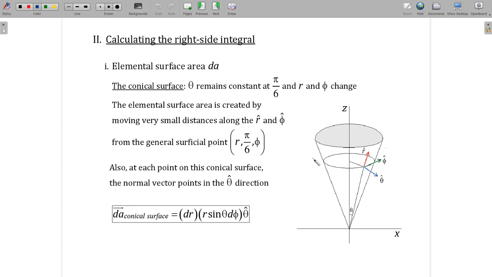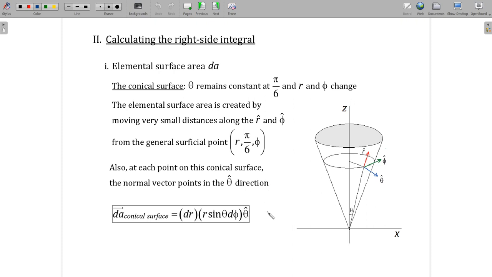So to get the elemental surface area, the infinitely small patch of area on this surface, all I have to do is move a small distance in the r direction and a small distance in the phi direction, because as soon as I've done that, I get a two-dimensional surface. If I move a small distance in r, that distance is dr, and if I move a small distance in phi, that distance is r sine theta d phi, where theta will be pi by 6, because I am on the surface defined by theta equal to pi by 6.